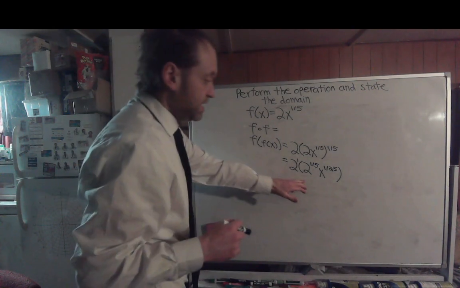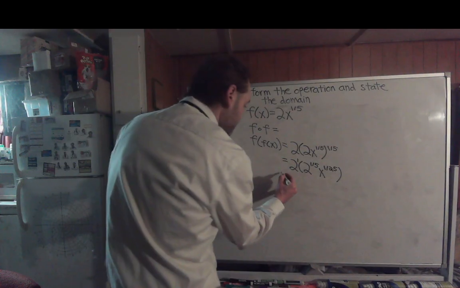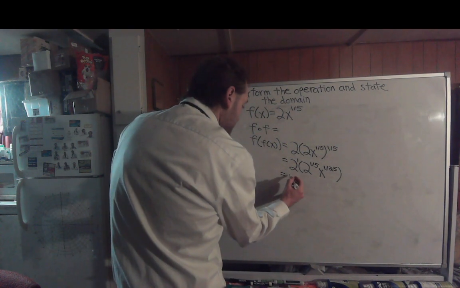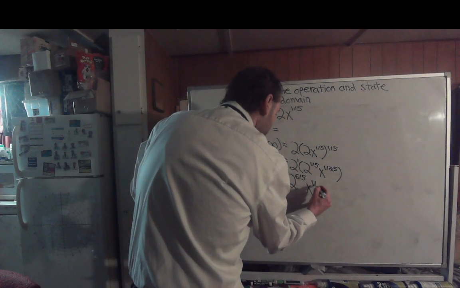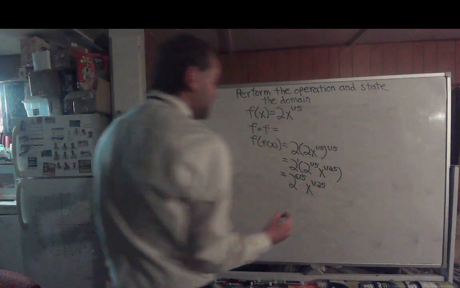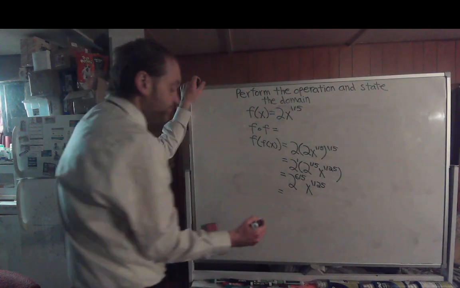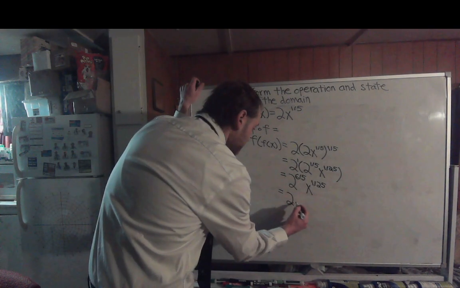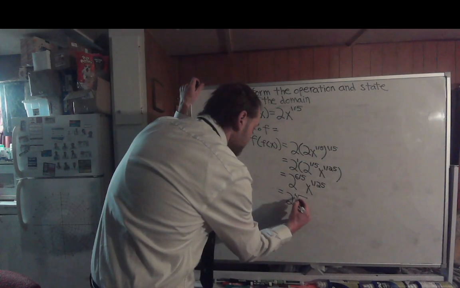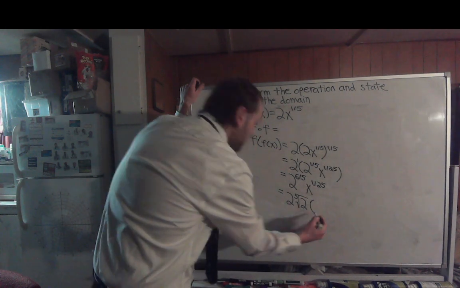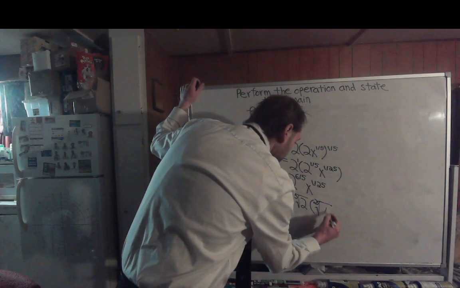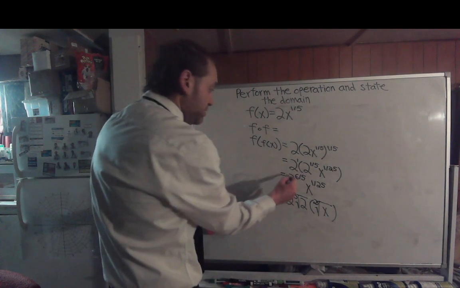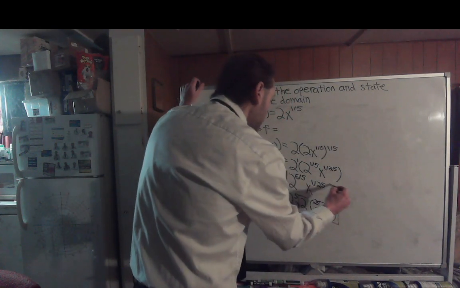Which means you're going to add the exponents. 1 plus 1/5 is actually going to be 6/5, so 2^(6/5) times x^(1/25), which would end up giving you literally 2 times the 5th root of 2 times the 25th root of x. You can write this in either form, but it looks like quite a doozy, doesn't it?